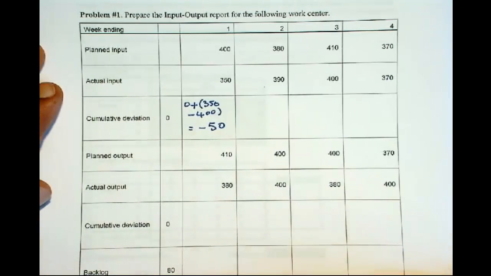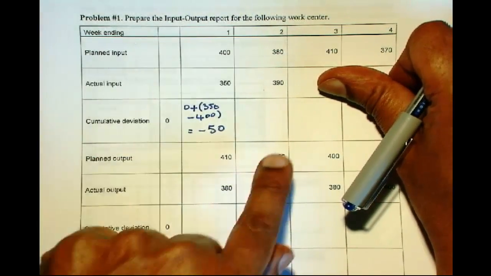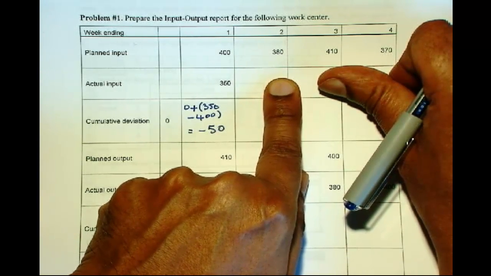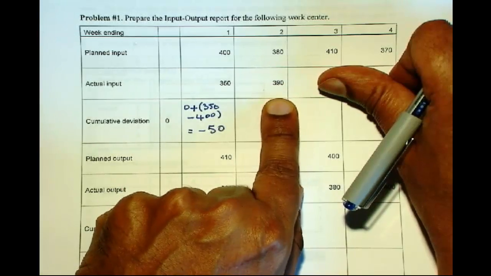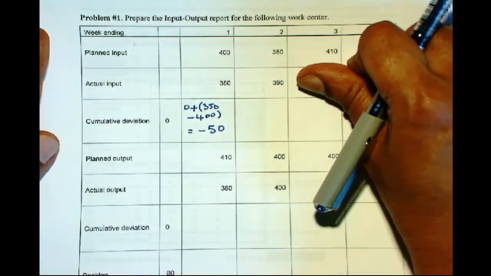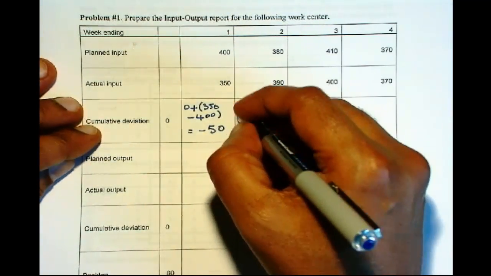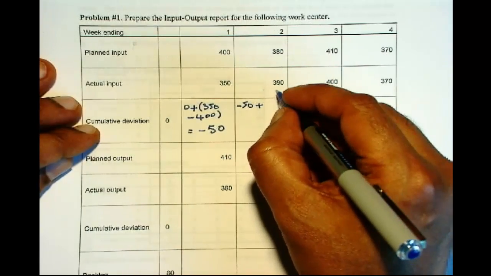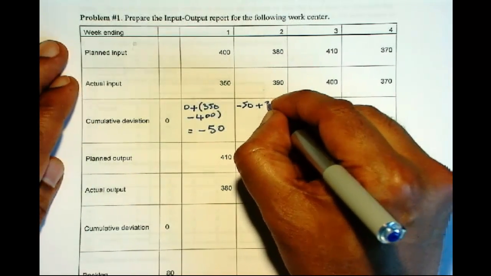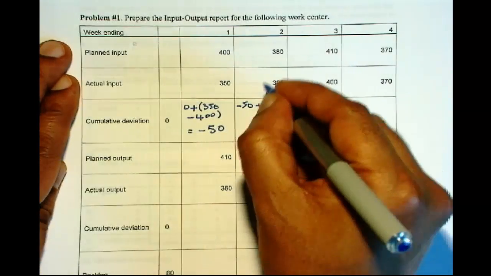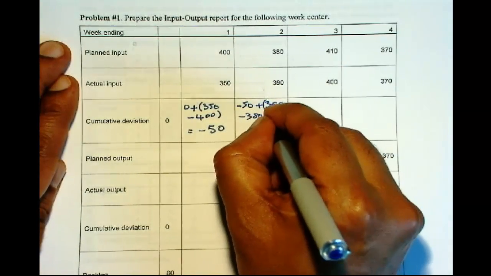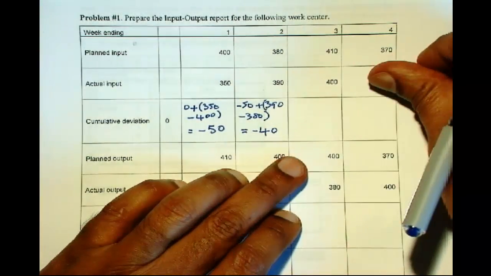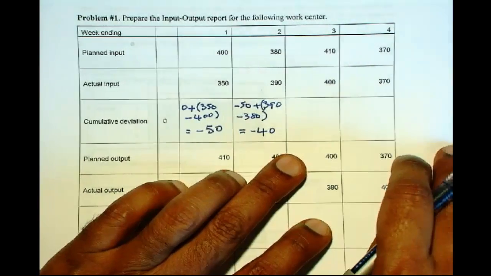Continuing to week 2, at the beginning we have 380 planned for week 2. At the end of the week we have 390 as the actual input. So the cumulative deviation is minus 50 plus 390 minus 380. This gives us minus 40. We continue in the same way for week 3.